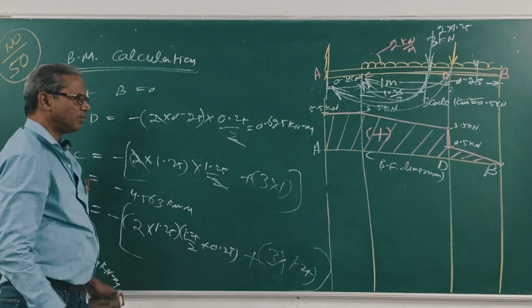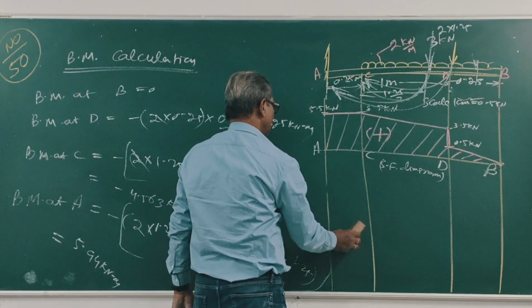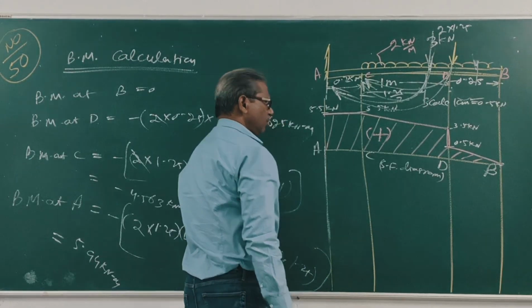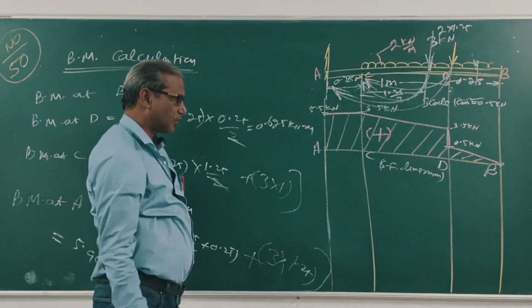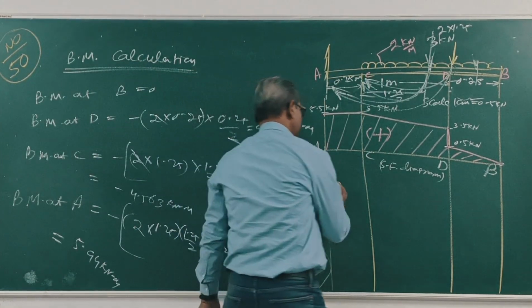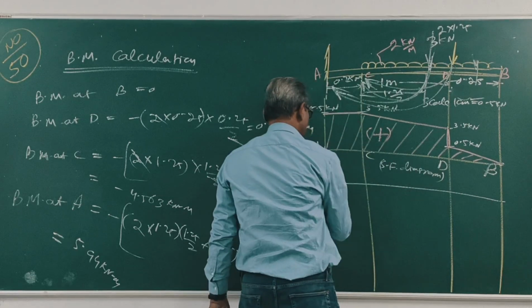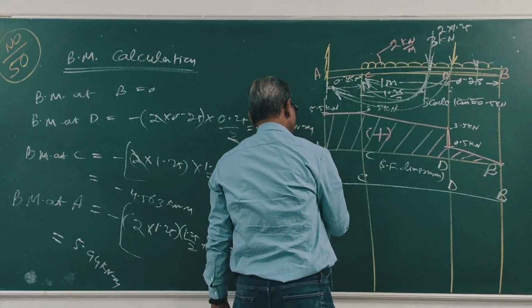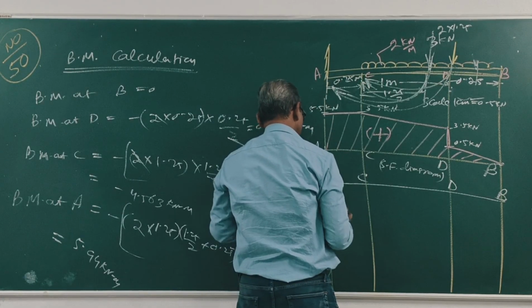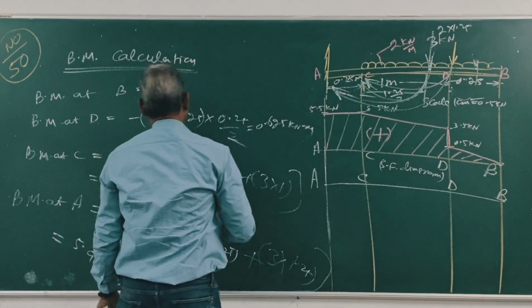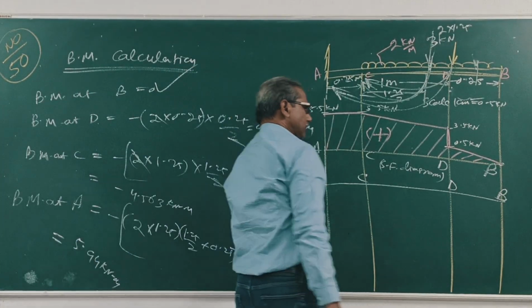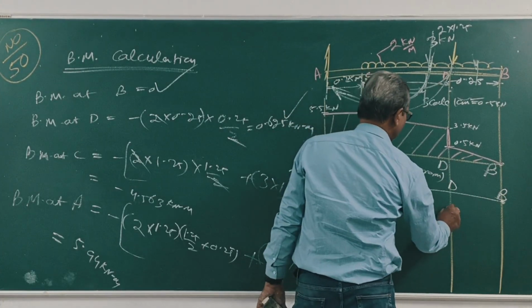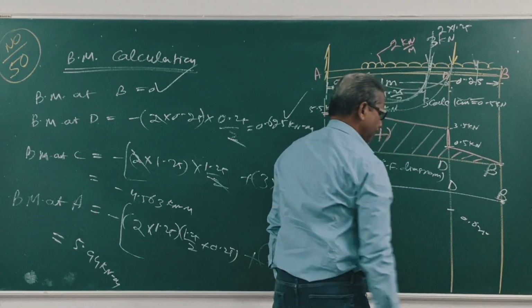Now draw the bending moment diagram. A, C, D, B. At B, 0. At D, 0.625.